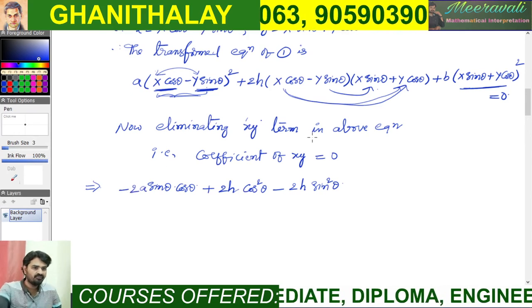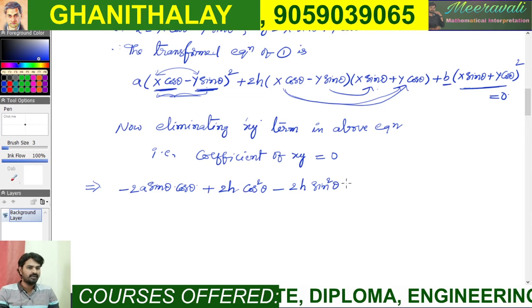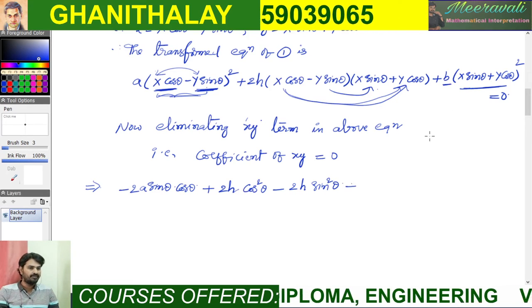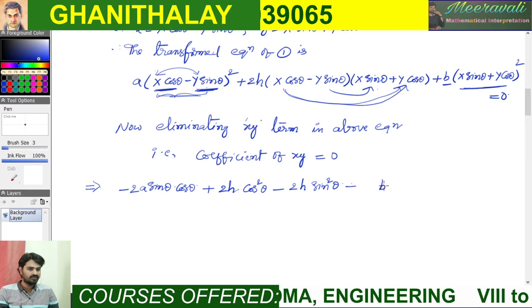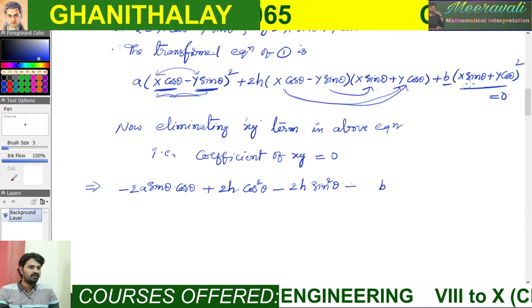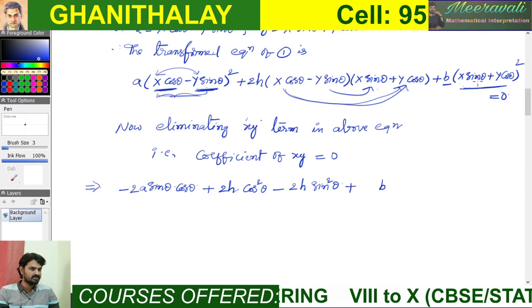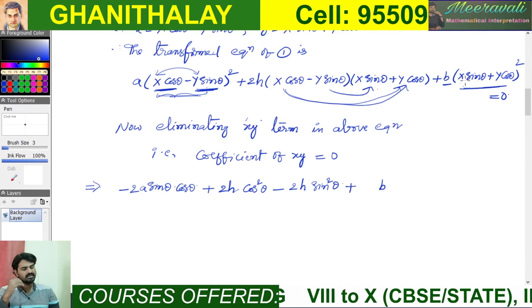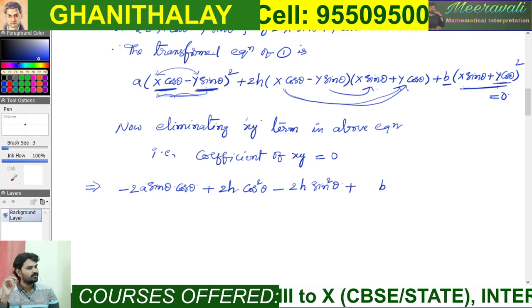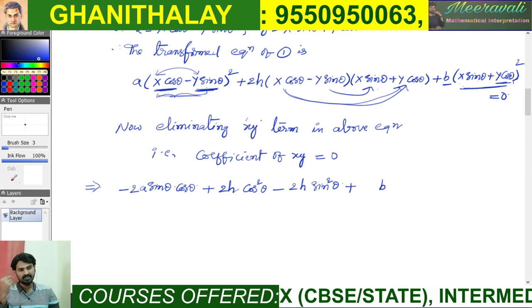Now in the same way, the last term is multiplied by b. Whenever you expand this one, plus 2ab: a square means X square sin square theta, so there is no xy; b square means Y square sin square theta, there is no xy.